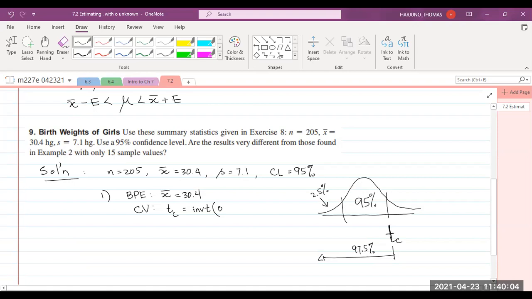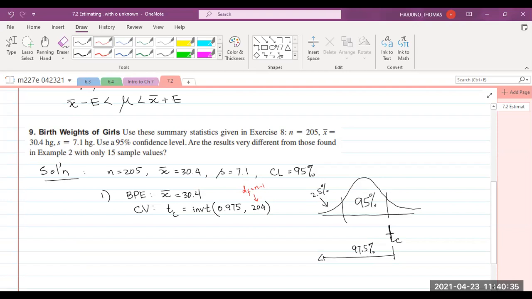The area to the left is 0.975, and it will be followed by only one number, that is the degree of freedom. What is the degree of freedom? In this class, the degree of freedom is always n minus 1, one less than the sample size.